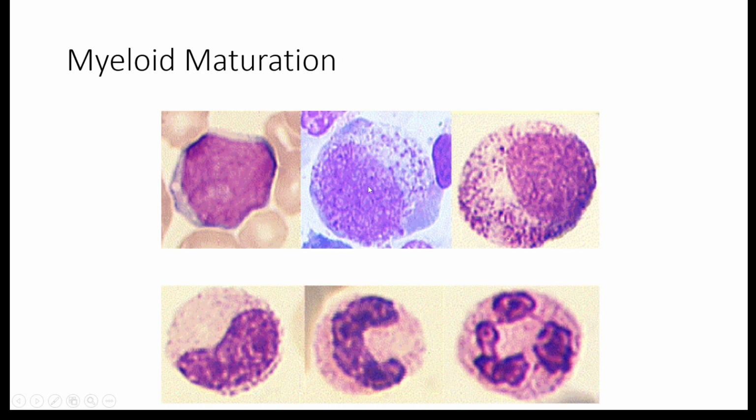The difference between the two is that the promyelocyte has more cytoplasm and prominence of granules, and the unique feature of the myeloblast and the promyelocyte is the presence of nucleoli. In the myelocyte series, the nucleoli is not present, and these cells also tend to be smaller than the promyelocyte.